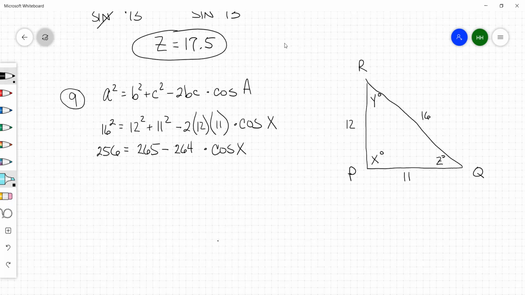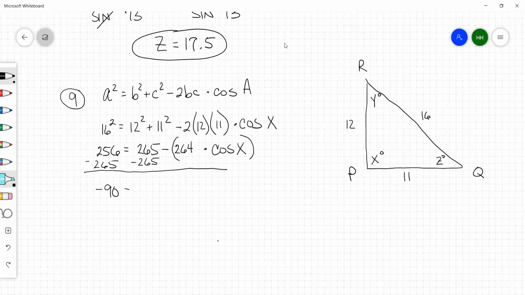This is 265 minus all of that, right? Because you got to multiply before you subtract. So let's subtract the 265 from each side. Minus 265, minus 265. So what's 256 minus 265?